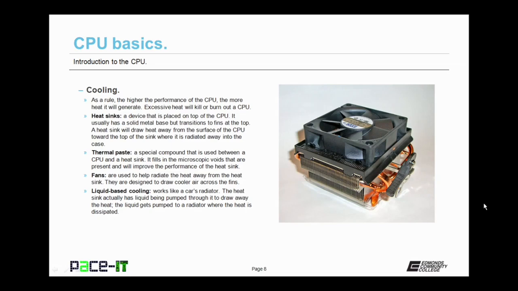They are designed to draw cooler air across the fins, thus transferring the heat away from it. And finally, there's liquid-based cooling. This works kind of like a car's radiator. The heatsink actually has liquid being pumped through it to draw heat away from the CPU. The liquid gets pumped to a radiator where the heat is dissipated.